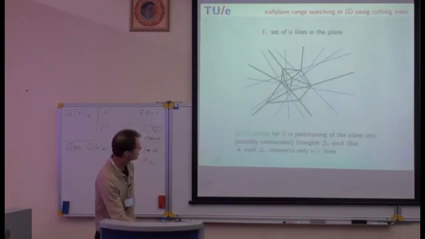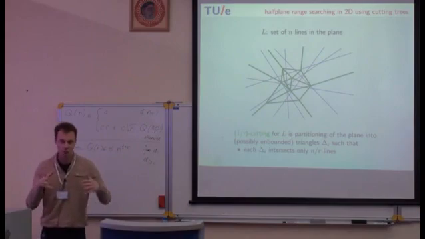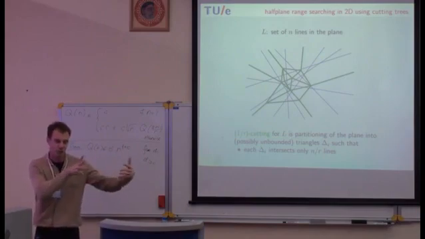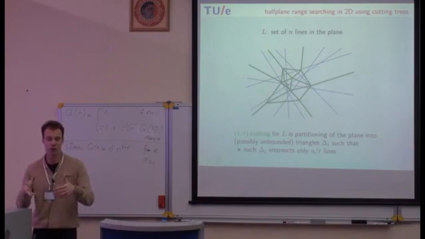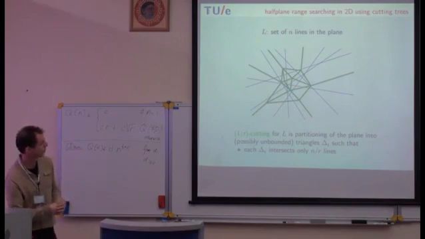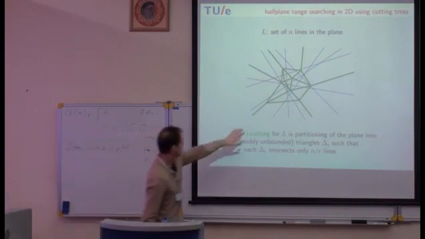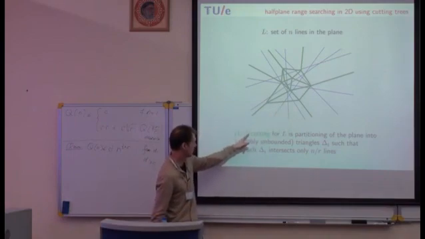So what we need here is something which, well, you could say for points we had these simplicial partitions as the basic geometric tool. So here we need what are called cuttings. So I have a set of lines, and now I have a 1 divided by r cutting.